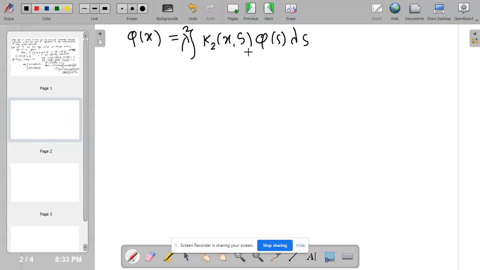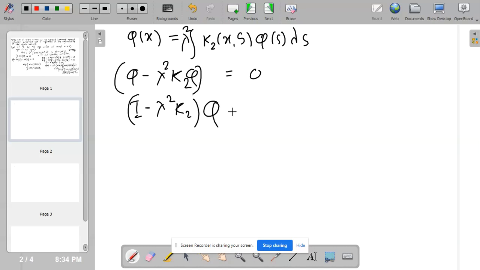And what is this? This is nothing but phi minus lambda square k2 of phi equal to 0, which is I minus lambda square k2 of phi equal to 0.